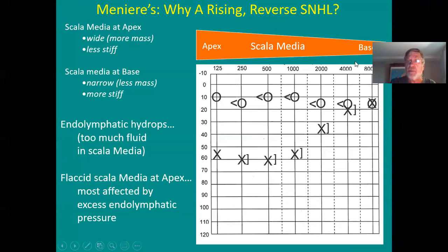Remember, the scala media is most stiff and has least mass at the base of the cochlea. It's less stiff and has more mass at the apex. Excess fluid is going to bulge that. The flaccid scala media at the apex is most affected by excess endolymphatic pressure.